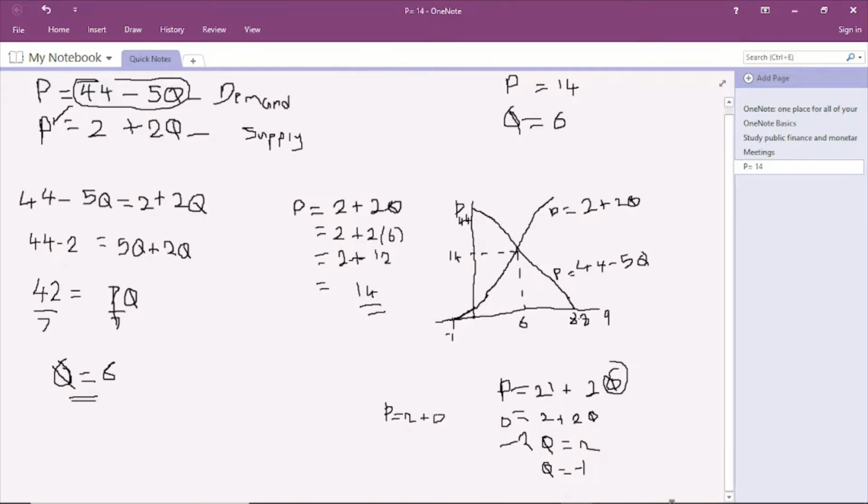So here you have 2. Here you have 2. And then you connect these 2 points, this one and this one, and then just go up. You see that the supply is sloping upwards. So guys, this is what I wanted to show you. I hope it was helpful.